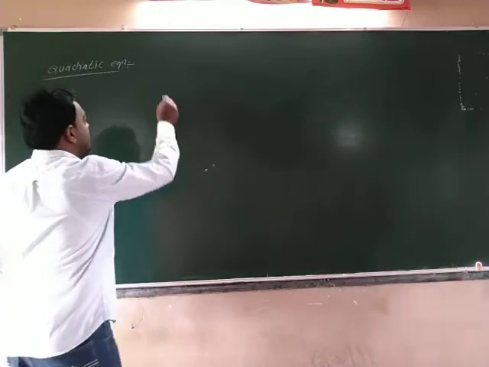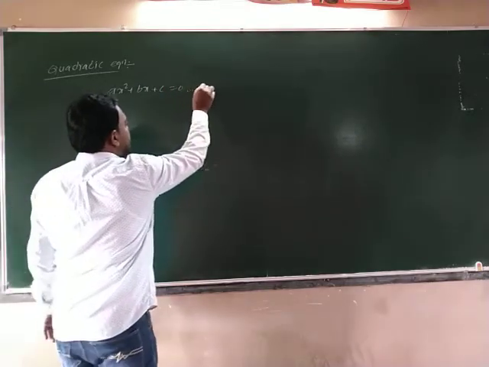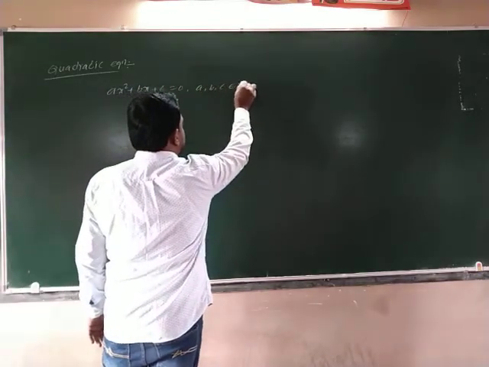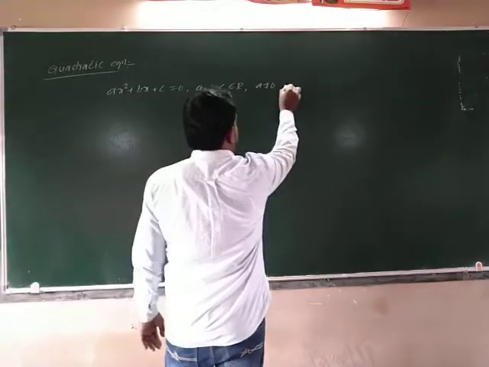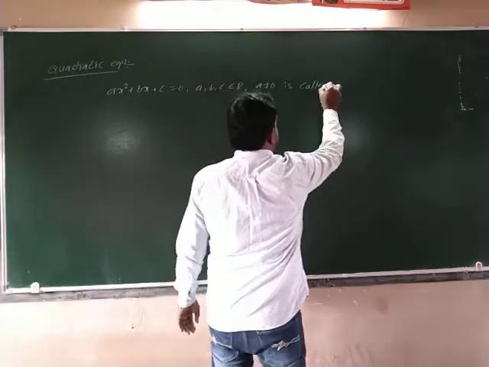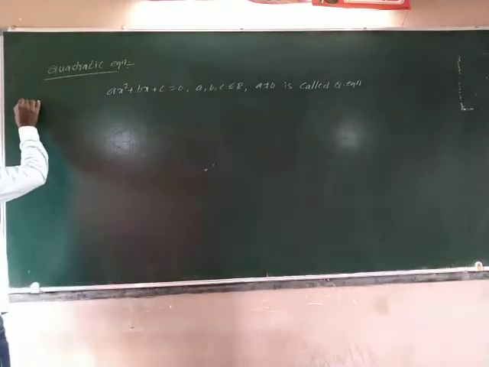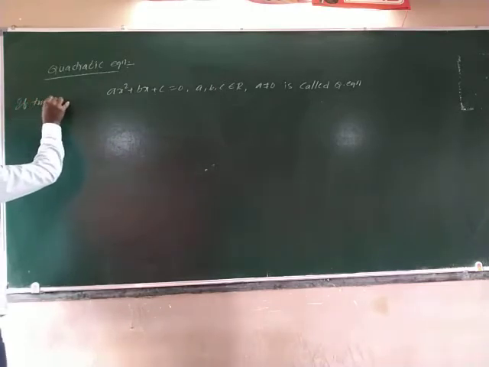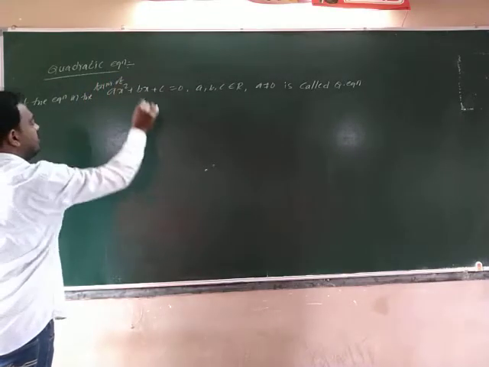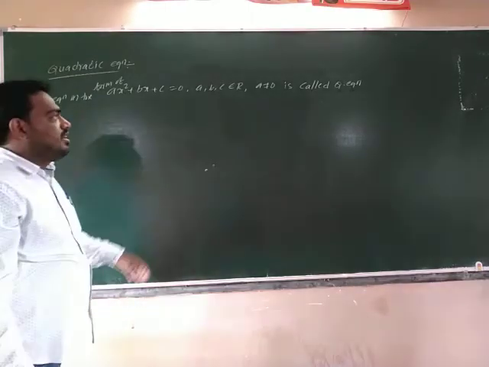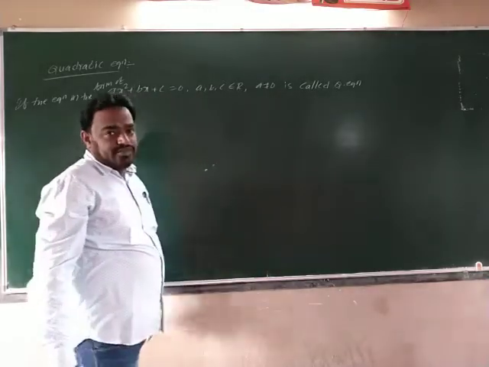If an equation is in the form of ax square plus bx plus c equal to 0, where a, b, c belong to R, real numbers, and a is not equal to 0, it is called a quadratic equation.